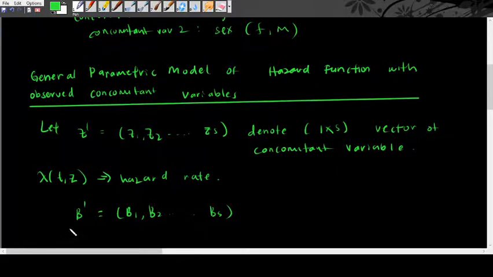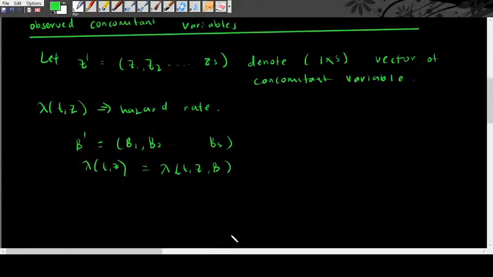So in general we can say that lambda(t, z) is equal to lambda(t, z, b). For brevity, we are going to use lambda(t, z) only. Here you can have more than 3 parameters; you can have more, like b, p, and so on. But for brevity we are going to use lambda(t, z).